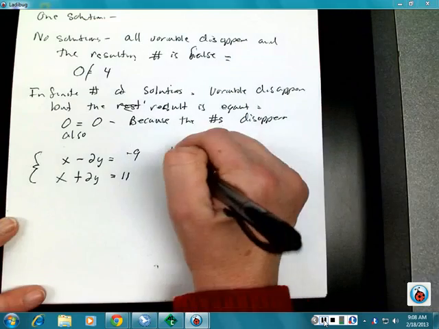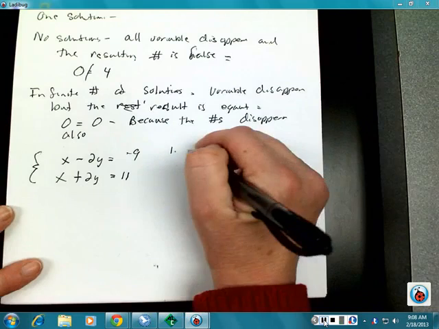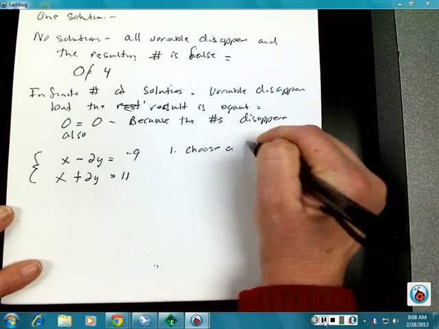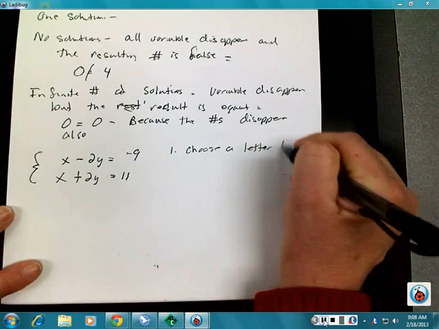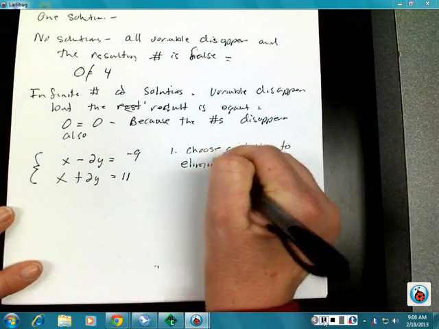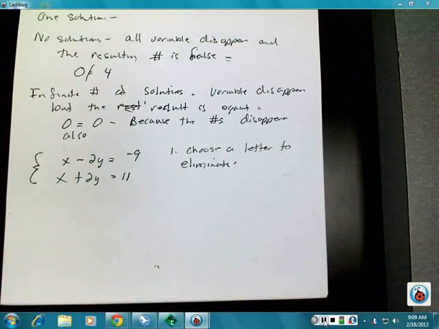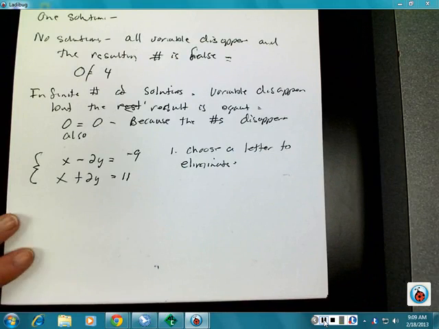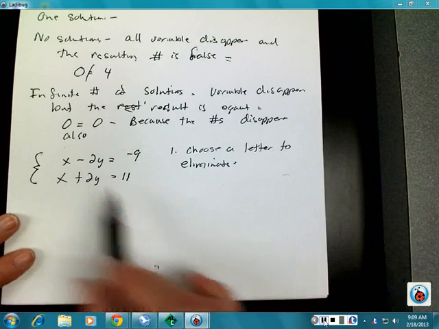So my first step is to choose a letter to eliminate. In this case, what would I eliminate? I'd eliminate my y's because they are opposite.